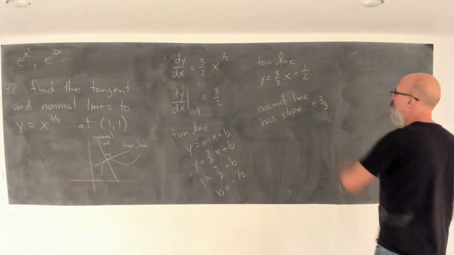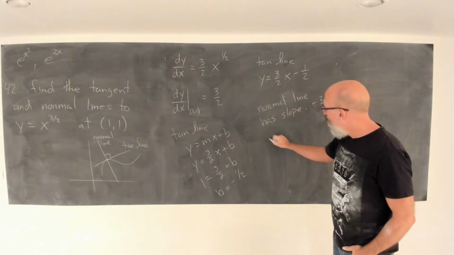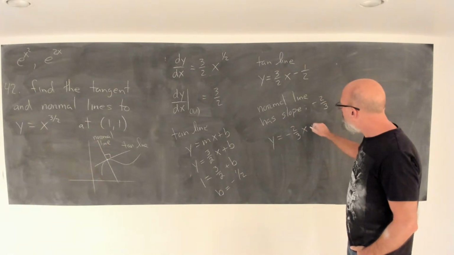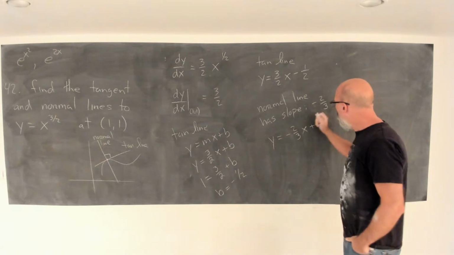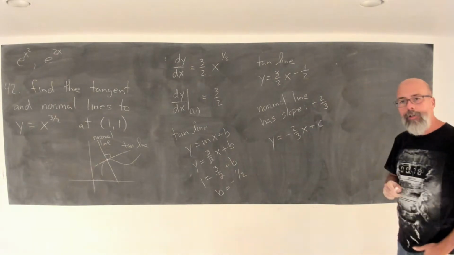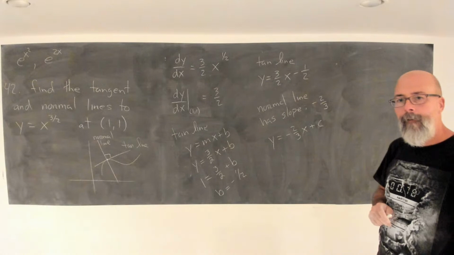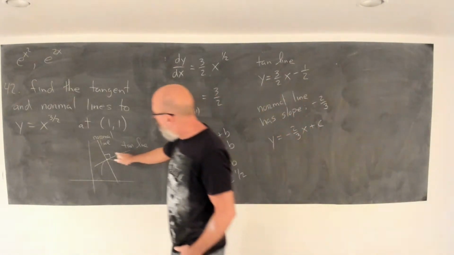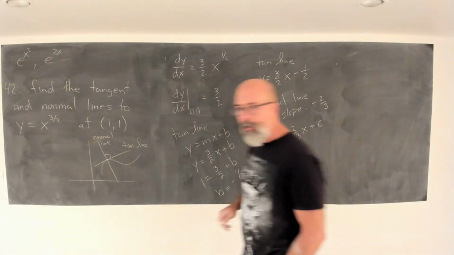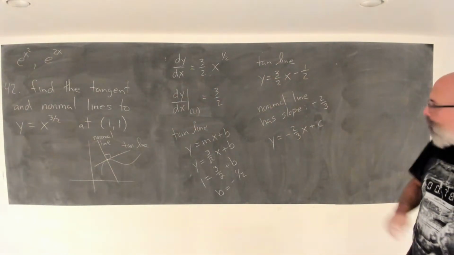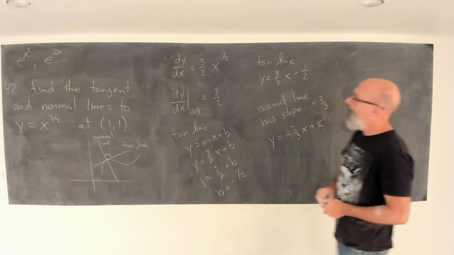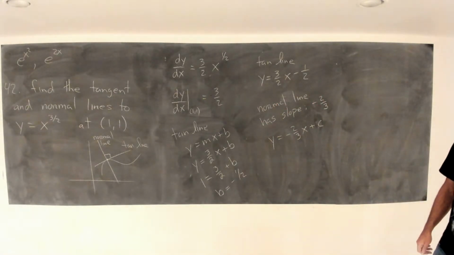Normal line has this slope, and consequently, let me not call it B, let me call it C here. Negative reciprocal. The two lines are orthogonal to each other. Negative reciprocal, flip that, and throw in a negative.